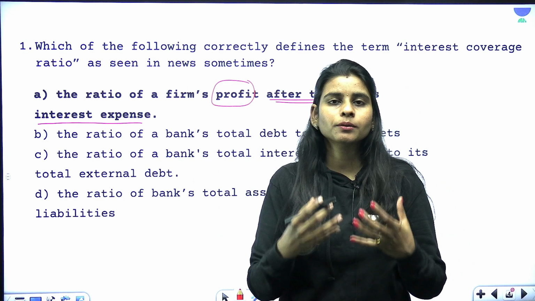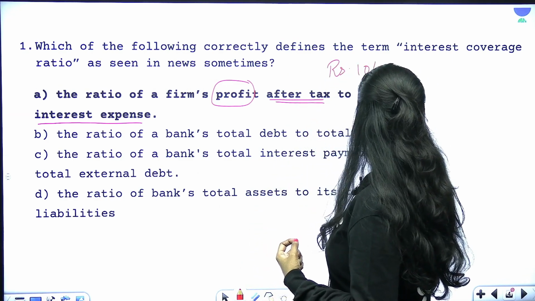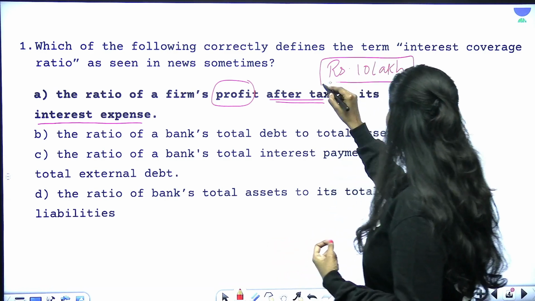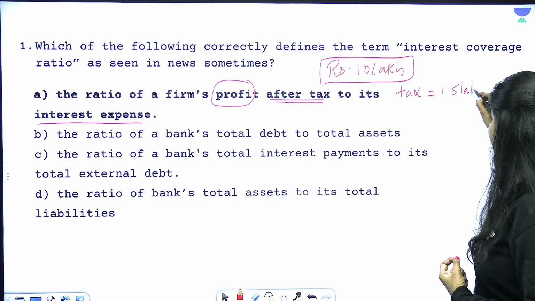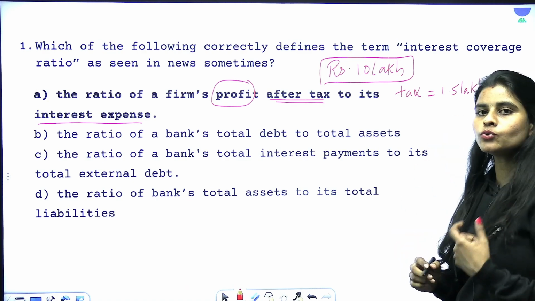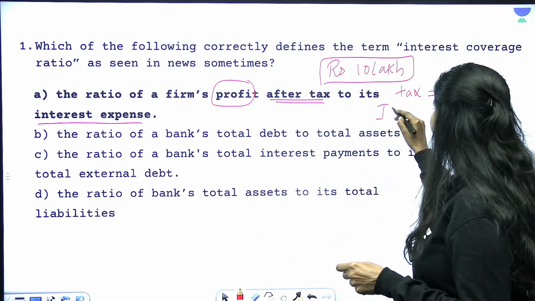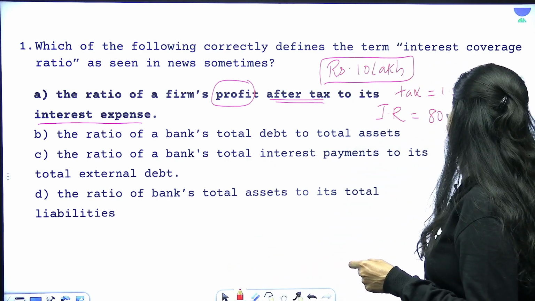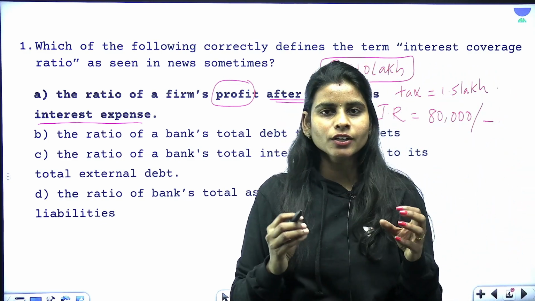So if I am a bank, if I earn rupees 10 lakh as my profit, and if I have to pay tax amount of rupees 1.5 lakh, okay, and if I have to make the interest repayments of maybe 80,000, okay, then what would be my interest coverage ratio?